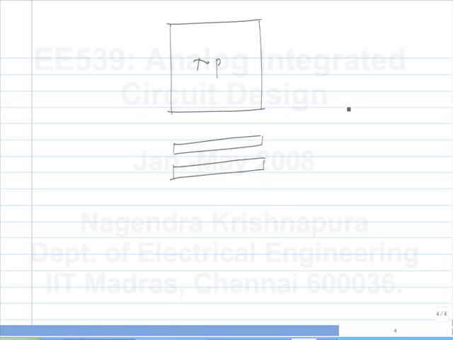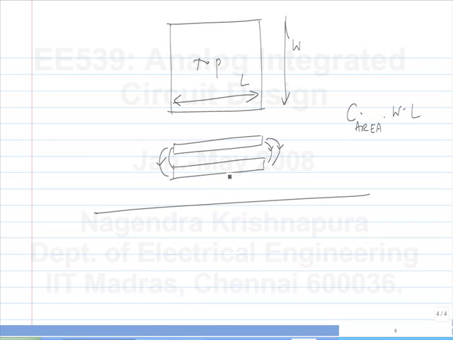Now the capacitance is supposed to be the density times width times length, okay, where this is perhaps W and this is length. But you also have additional fringing capacitance between the edges of the plates, and also there is a top plate and a bottom plate. So there is some capacitance between the bottom plate and the substrate, okay. So you will have to model all of this.